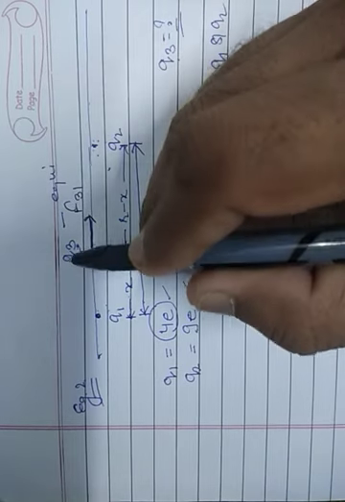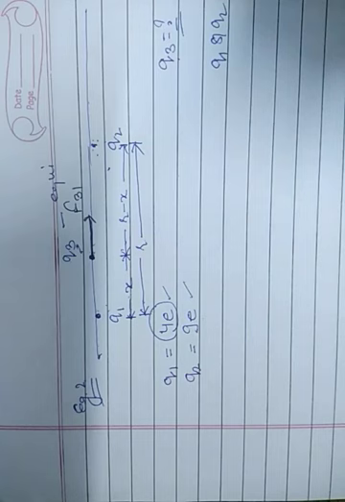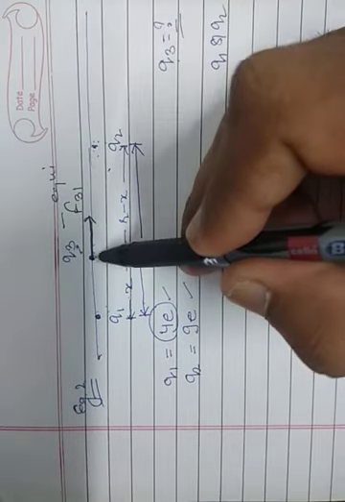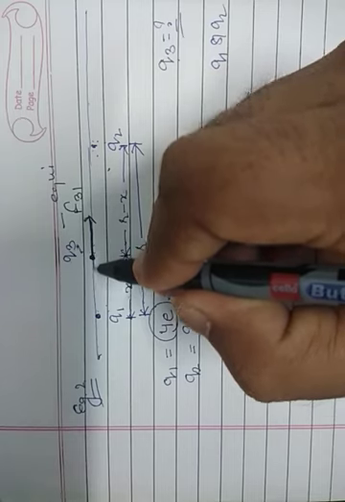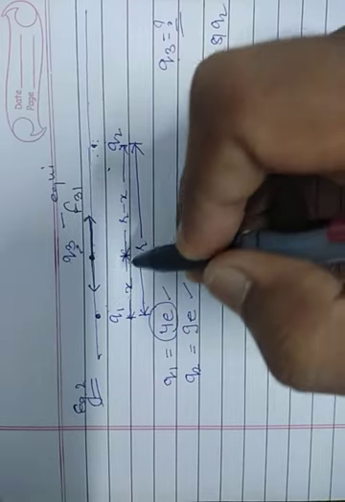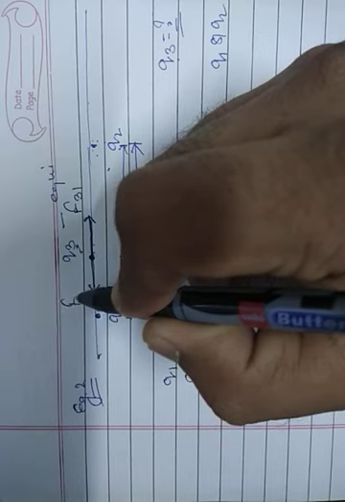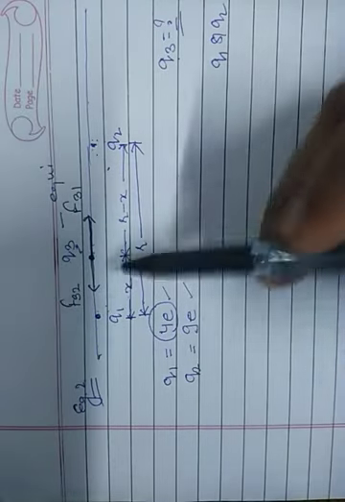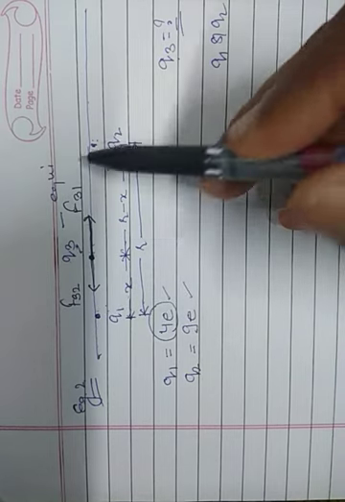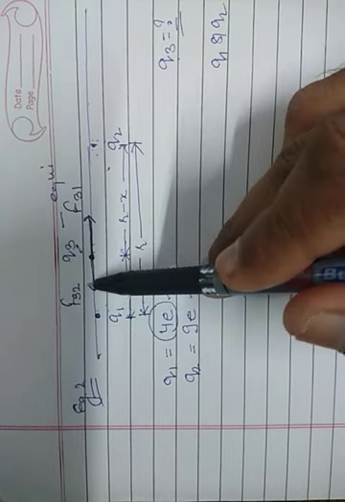And q2 again will repel q3, so let this be the force on third due to 2. This q1 will repel q3 and this q2 will again repel q3.